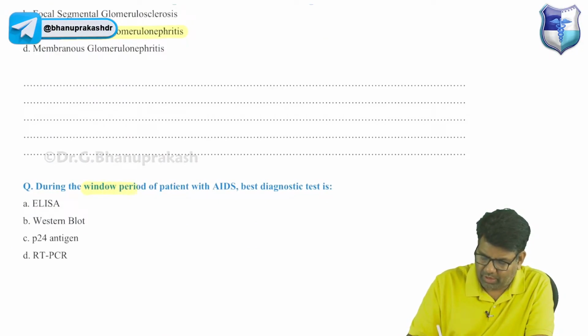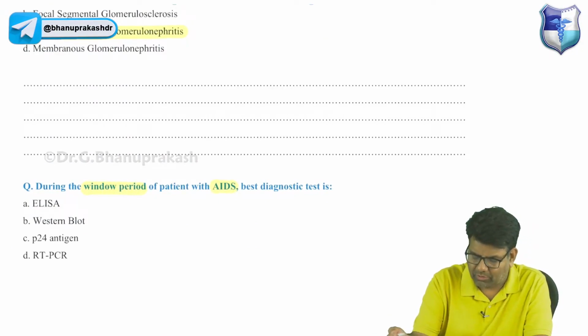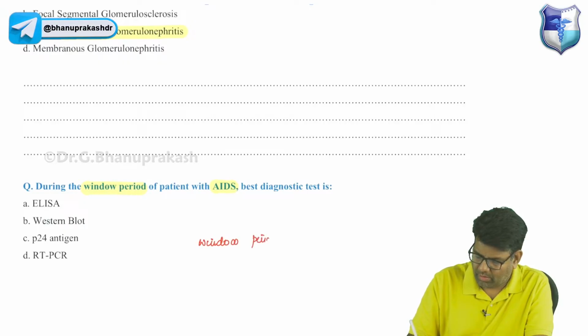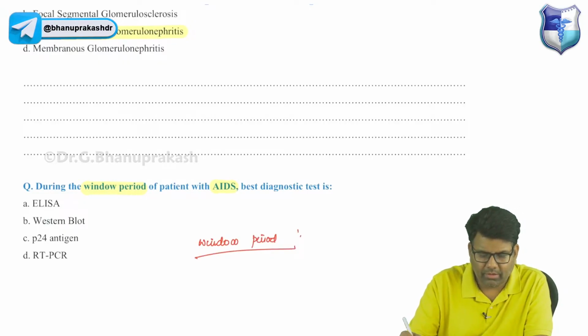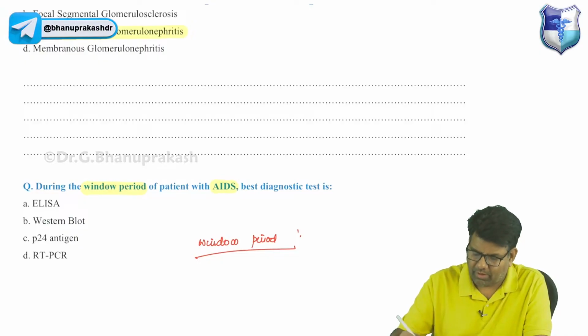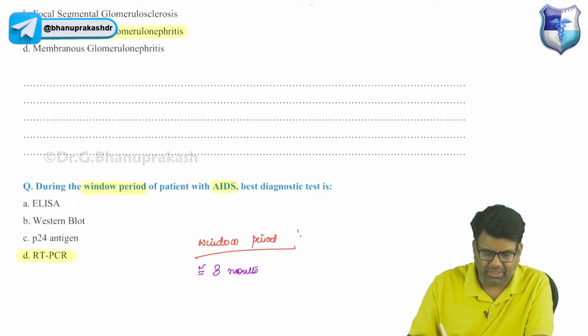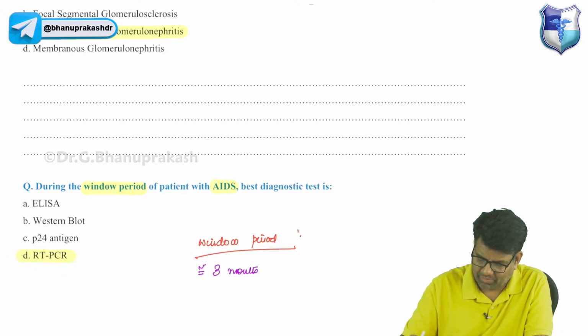Then during the window period of AIDS, what diagnostic test? The window period is around 3 months. The answer is PCR.